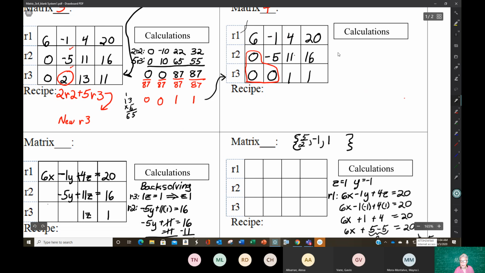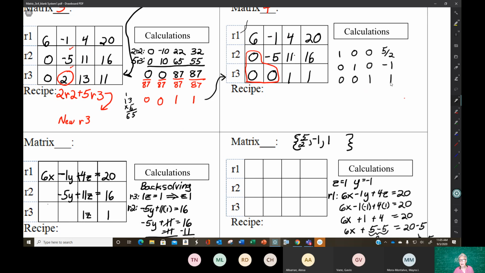Okay, 1, 0, 0, 5 over 2. 0, 1, 0, -1, and 0, 0, 1, 1.